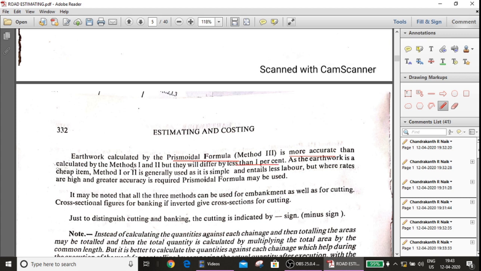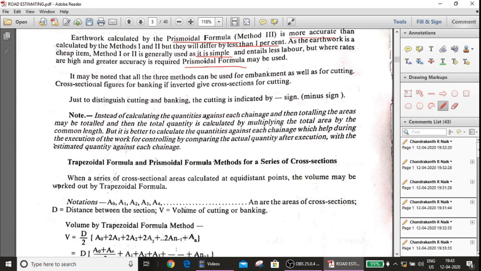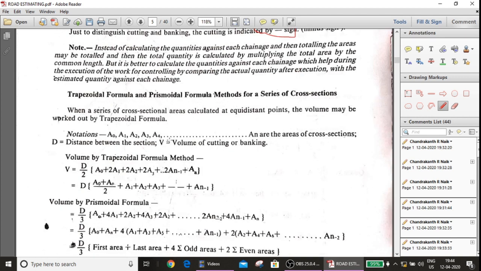As earthwork is a cheap item, methods 1 and 2 are generally used as they are simple and entail less labor, but where rates are high and greater accuracy is required, the prismoidal formula may be used. Okay, just to distinguish cutting and banking, cutting is indicated by the negative sign. I will tell you what is to be done in the problems.